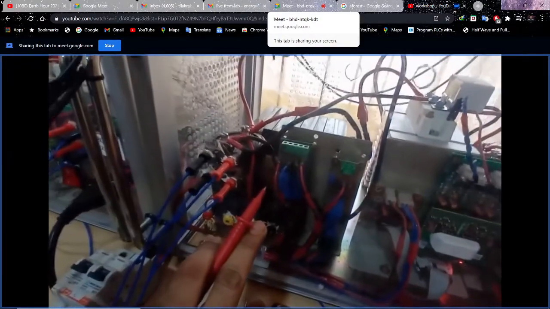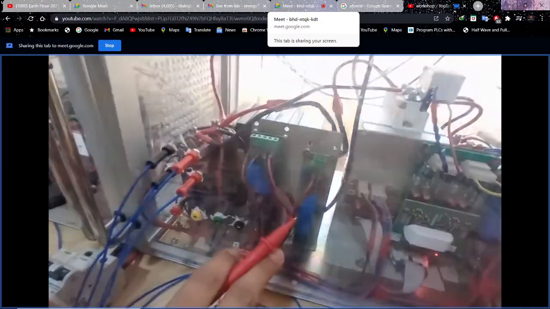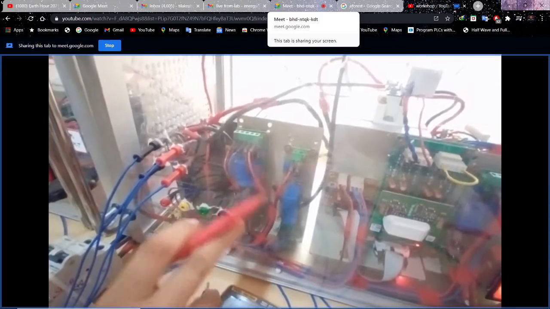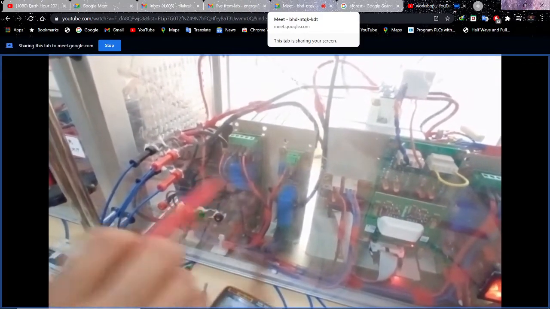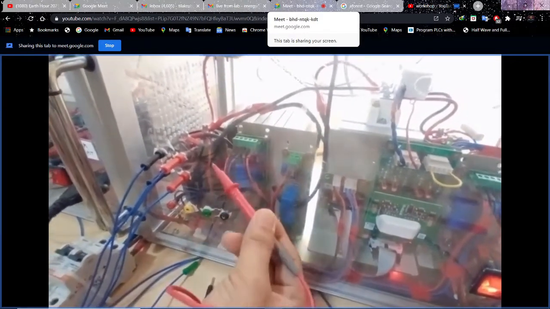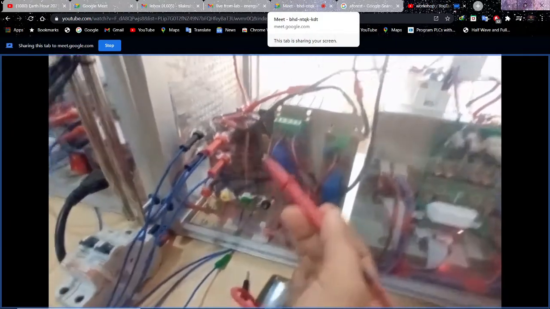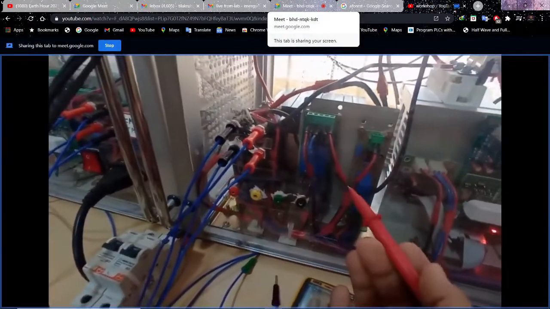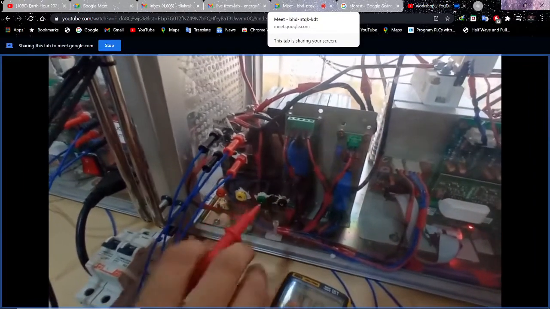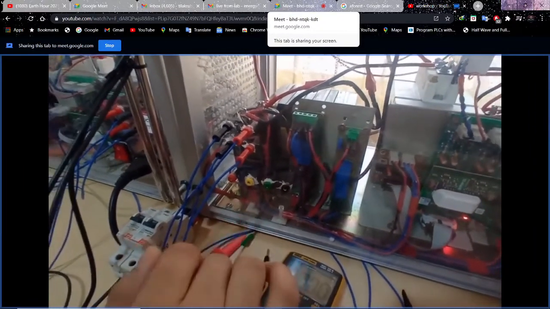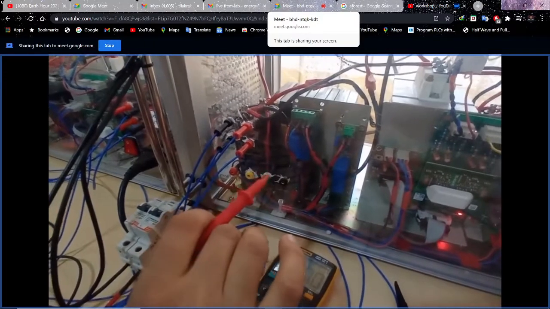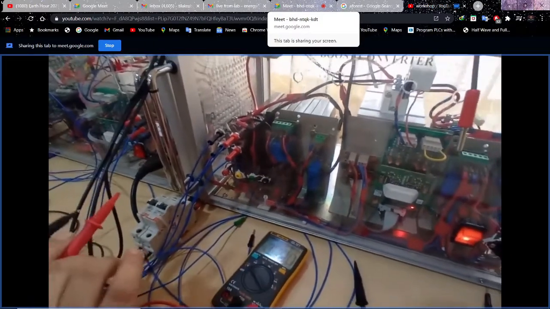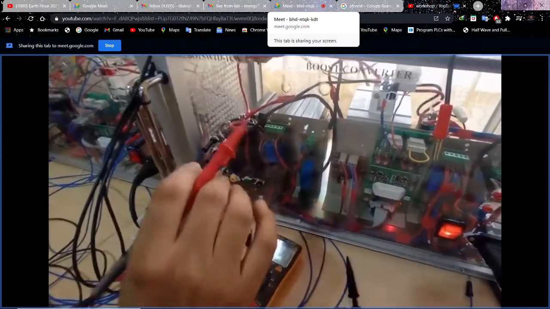This is the input side voltage sensor and this is the input side current sensor. They measure the voltage and current of the input side, that is the solar voltage and current. And then this is the sensor board. Using this board, whether it is voltage or current, we can get the signal at 1 volt. Now we will see how this circuit works.